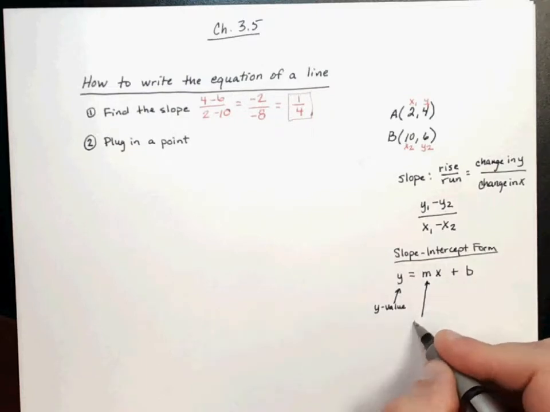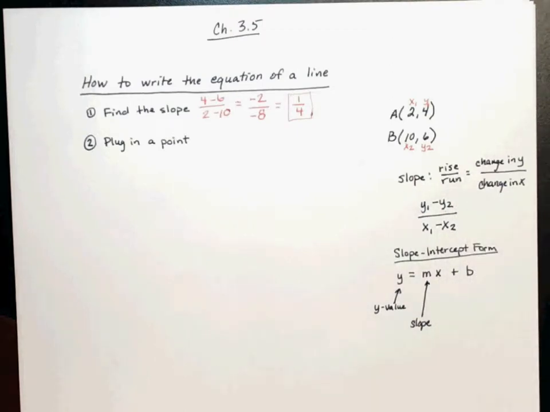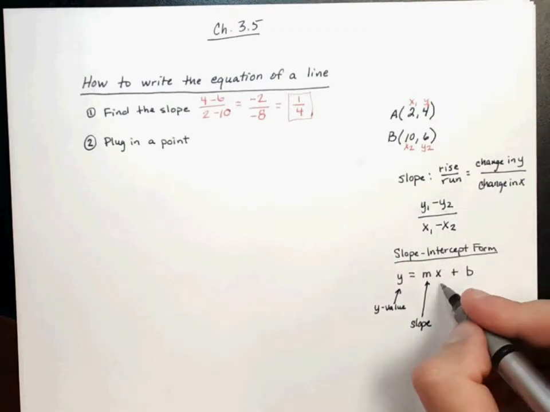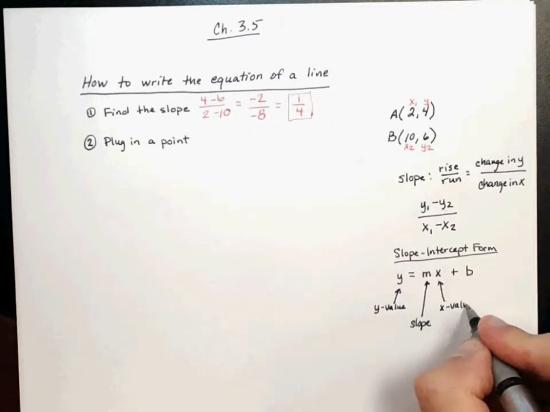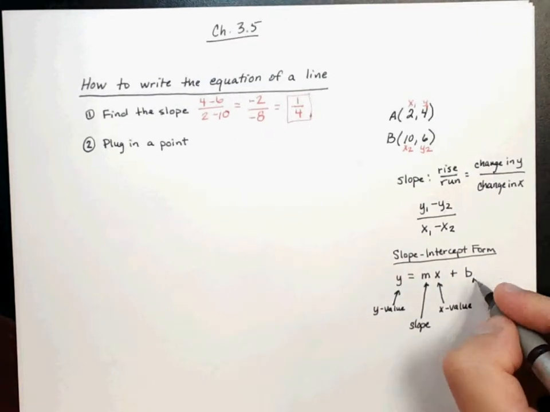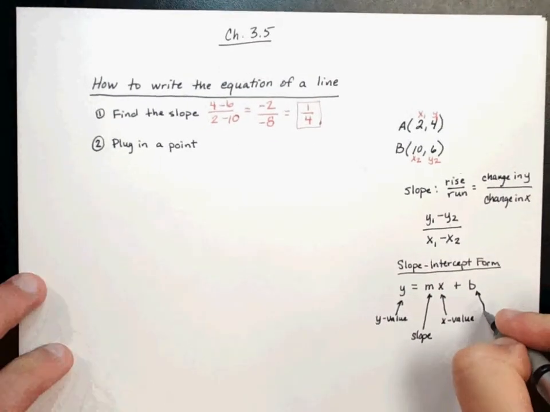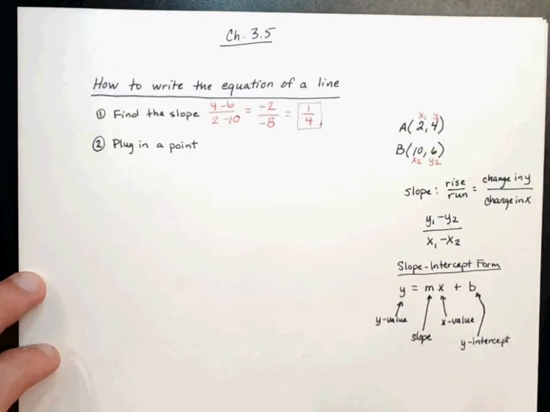M is the letter that we use for slope. That is our rise over run, change in y over change in x. Our x represents our x value. And then b is our y-intercept. Okay.